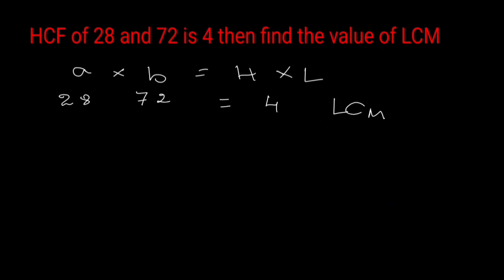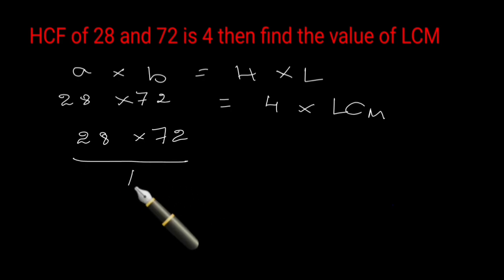Here they have given two numbers, 28 and 72, and HCF is also given, that is 4. We want to find LCM. So 28 into 72 I have written, and 4 is the HCF. Now we can cross multiply, so 28 into 72 divided by 4 is equal to LCM.